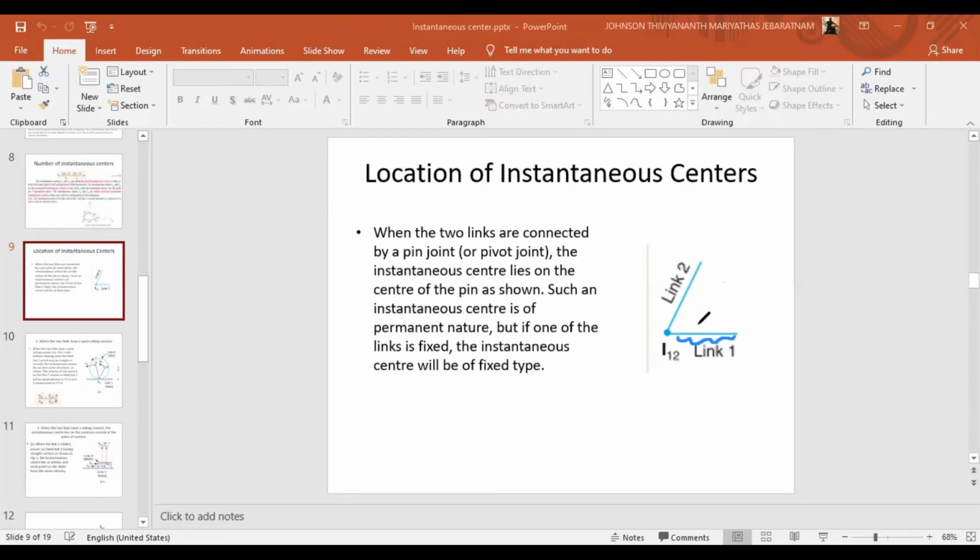So there we will mention this as a fixed instantaneous center. If these two can move, then there is a permanent instantaneous center. If either one of them is fixed, then it is a fixed instantaneous center.